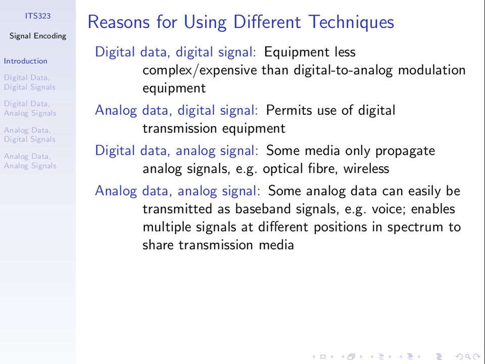So transmitting a signal with frequencies from 0 up to 4 kilohertz across a copper wire, we don't need to do any conversion. We just take the analog audio input, convert to some electrical analog signal and transmit. And that's what our home telephone does. It takes your voice and converts it to an electrical signal and sends it at the same frequencies across the copper wire. So it's very easy to do that because we can use the same frequencies.